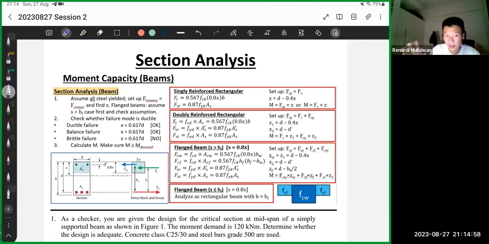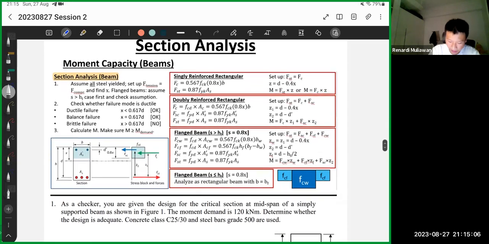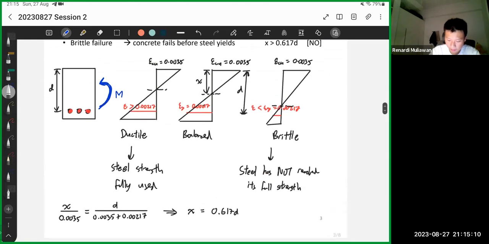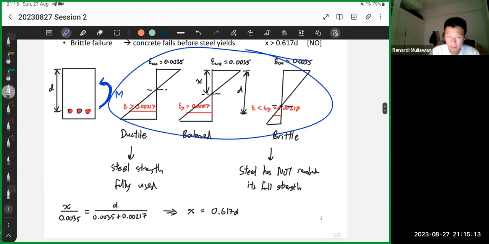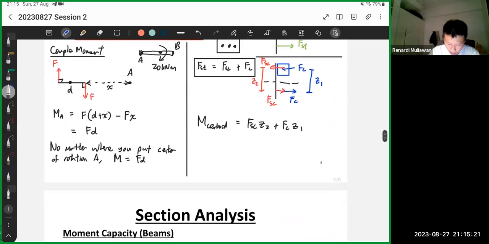Then flange beam, I'll cover later. But let's go to the second step. We check if the failure mode is ductile. So again, we need to see the strain diagram. We assume that the concrete has crushed. Then we check the strain of the steel.